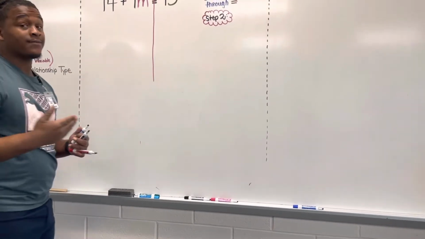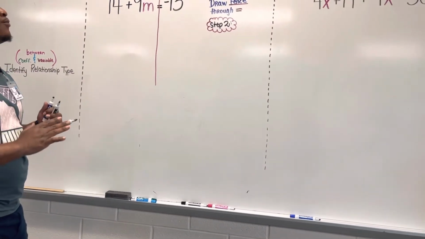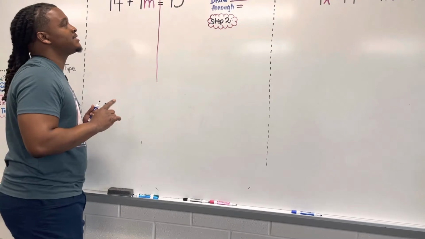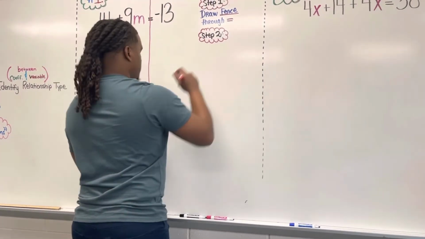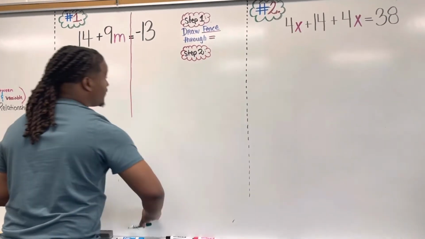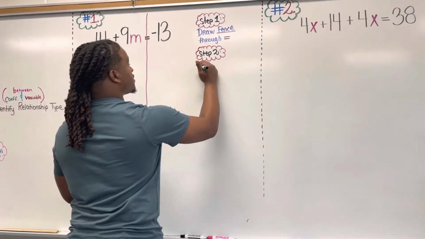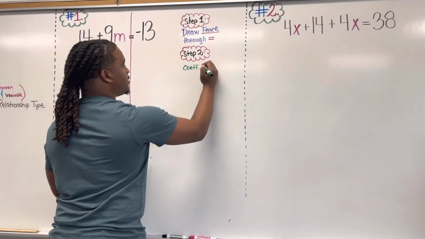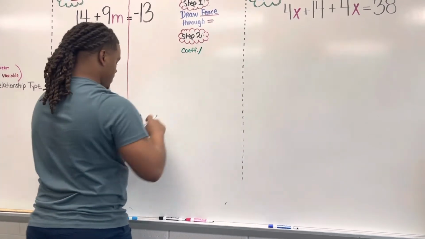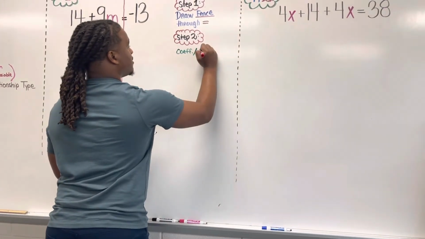So they are in a relationship. But right now, we want to identify what type of relationship 9 and m are in, okay? So this is the relationship between the coefficient and the variable. So let me just write that. I'm going to abbreviate coefficient, slash variable. What type of relationship are they in?